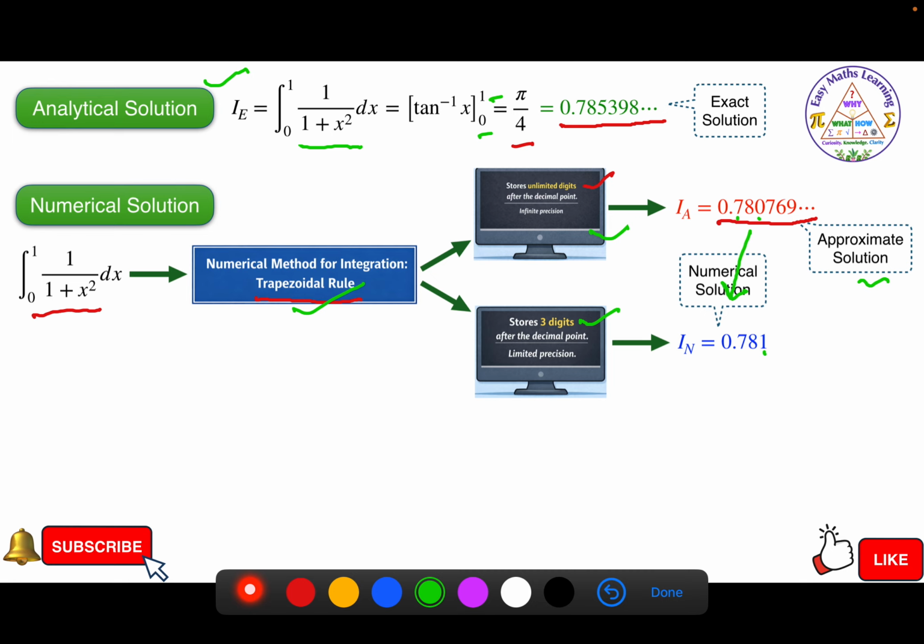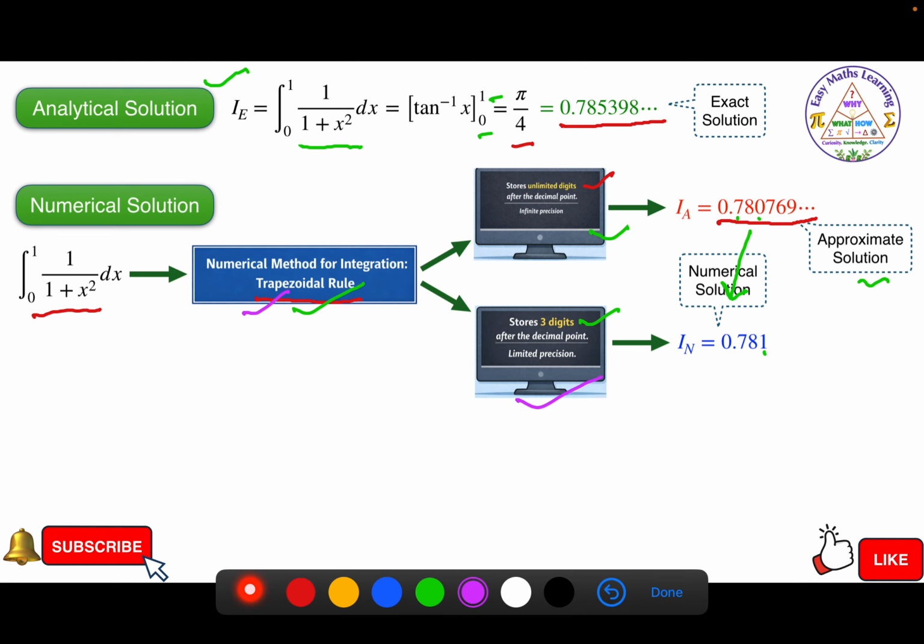So here numerical solution involves two levels of approximation. One is from numerical method and other from rounding in the computing device.